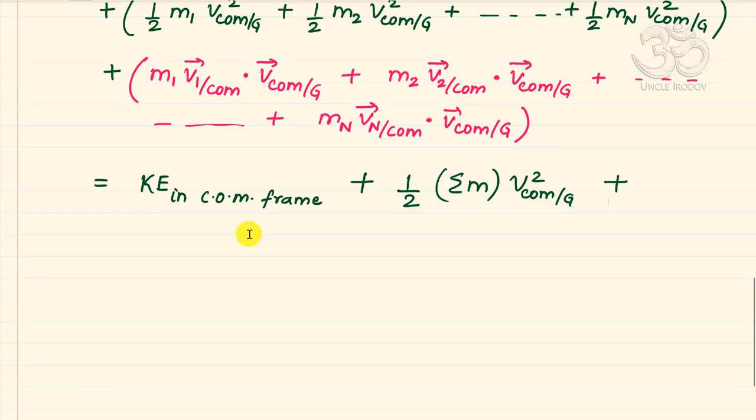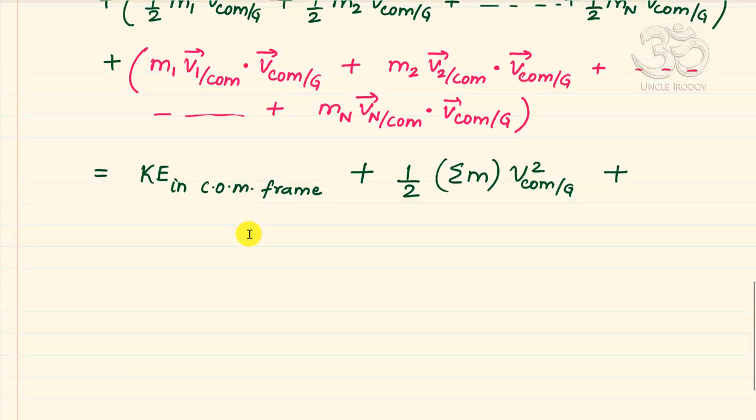And this is the most interesting bit. So you will, I think, be easily able to guess what I intend to do. I see that there is a dot product in the first term, second term, third term, and so on for all the n terms. And then I invoke the distributive property of dot product.